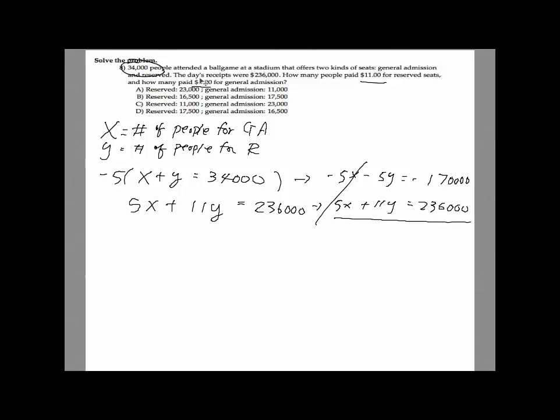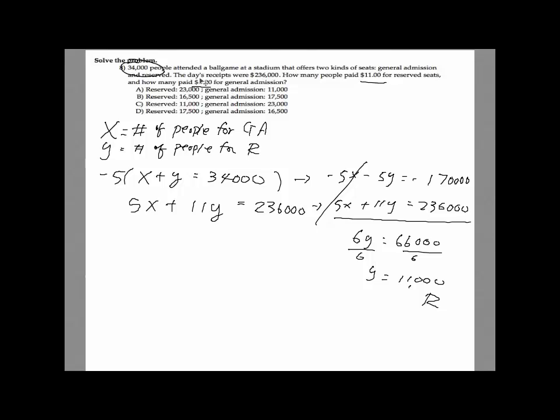Okay, cancel that. So 6y equals 66,000. Divided by 6, that's 11,000 reserved.